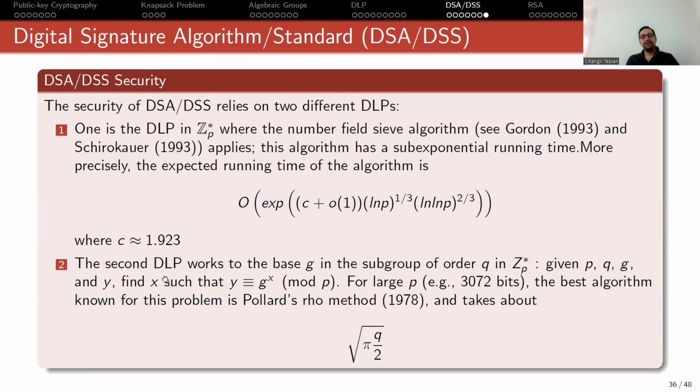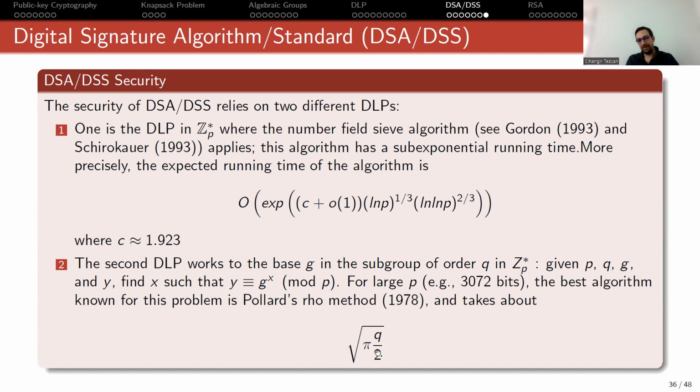The second discrete logarithm works to the base G in the subgroup of order Q in Zp star. Given P, Q, G, and Y, find X such that Y is congruent to G to the X mod P. For large P, for example 3072 bits, the best algorithm known for this problem is Pollard's rho method, and it takes square root of Q time.